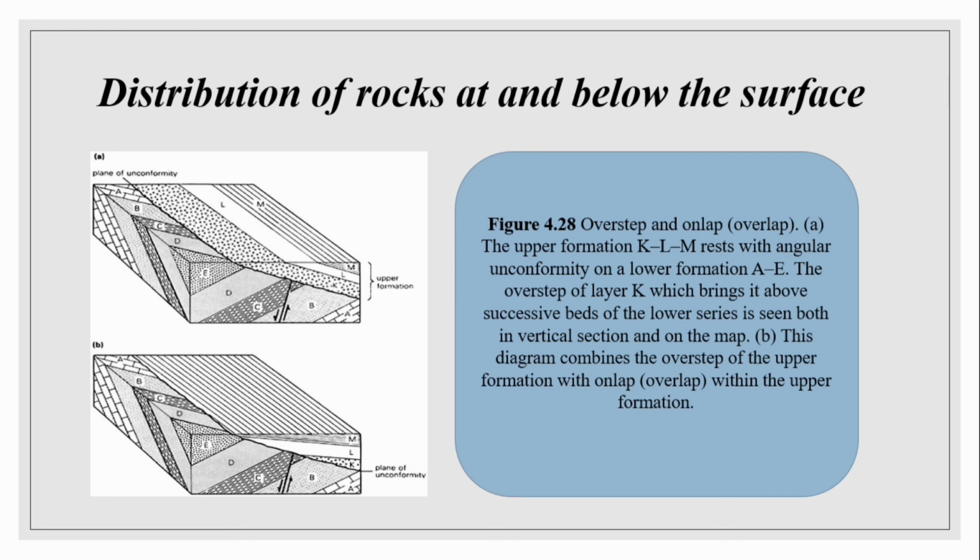An inlier is an exposure of older strata surrounded by younger, whereas an outlier is an exposure of an erosional remnant of younger strata that are completely surrounded by older.